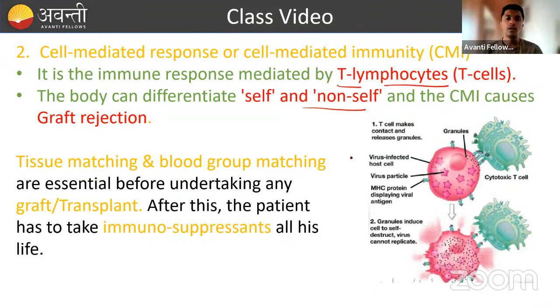The level of recognition is so specific you can't even believe it. Even when we take organs or tissues for transplantation, anybody who needs a transplantation requires a donor, correct? From somewhere we get these tissues or organs.